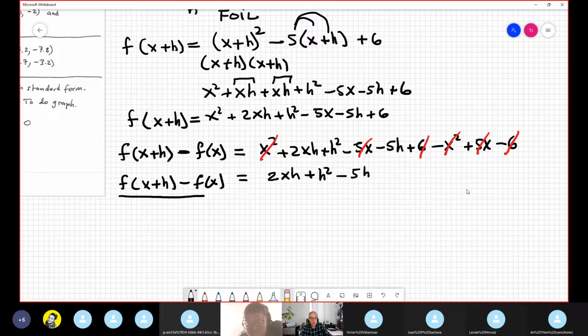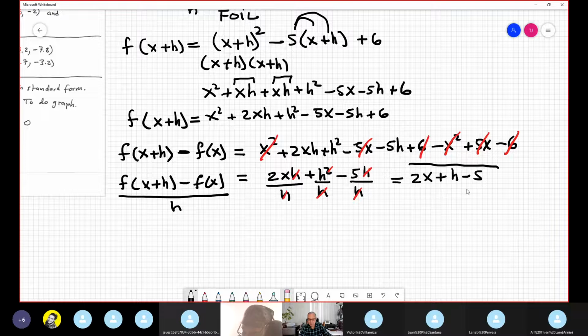Divided by h is super easy, because you divide the polynomial term by term by h. And thus this h is canceled, this is canceled also, and this is canceled. So my final answer is 2x plus h minus 5. Boom. End of the story.